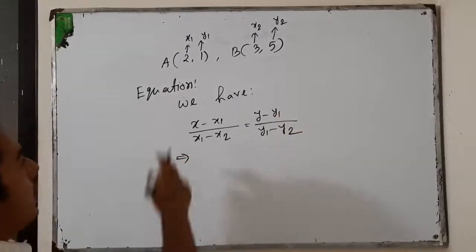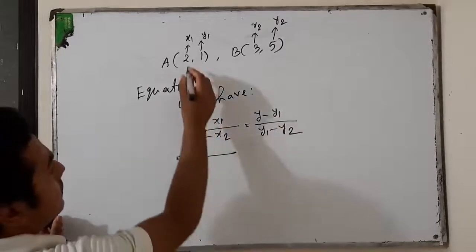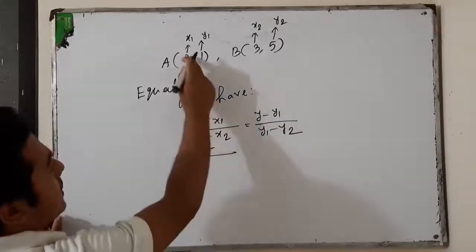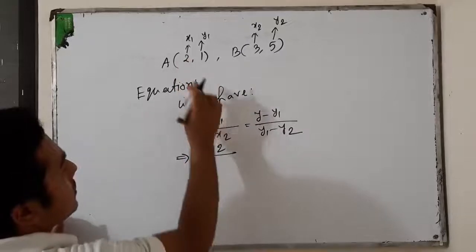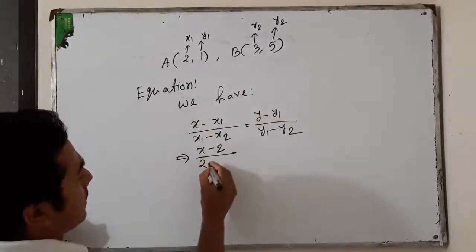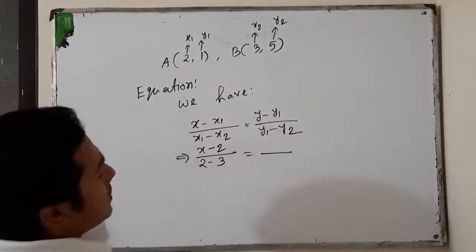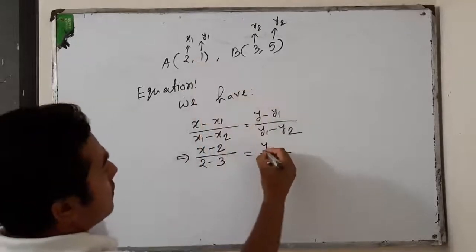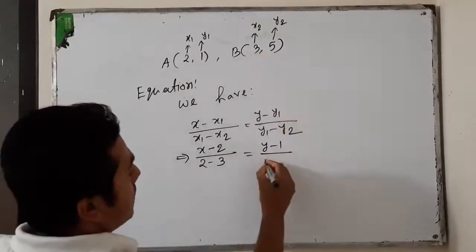So x minus 2 over 2 minus 3, then y minus 1 over 1 minus 5.